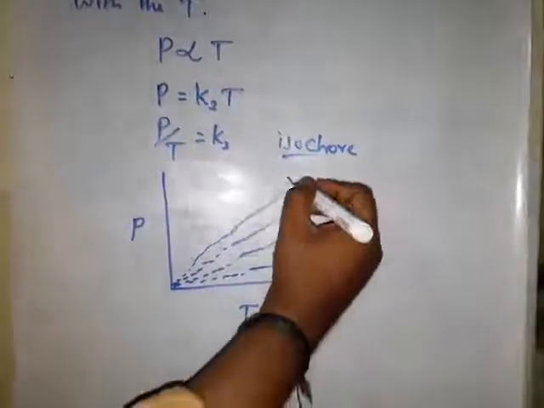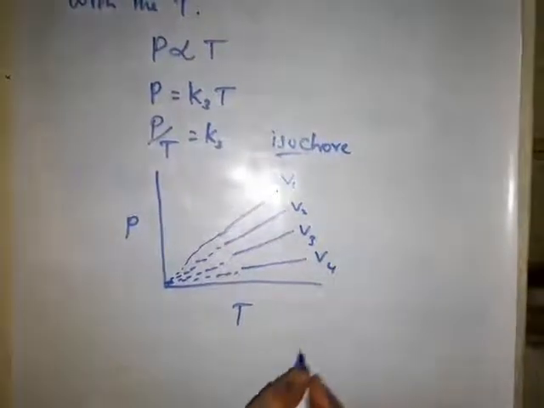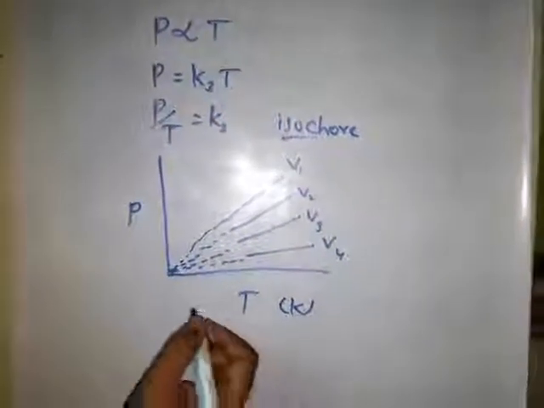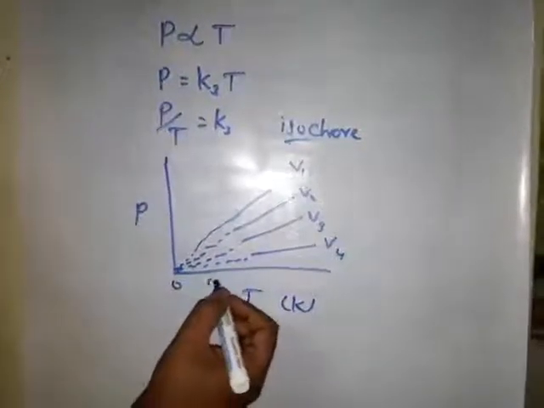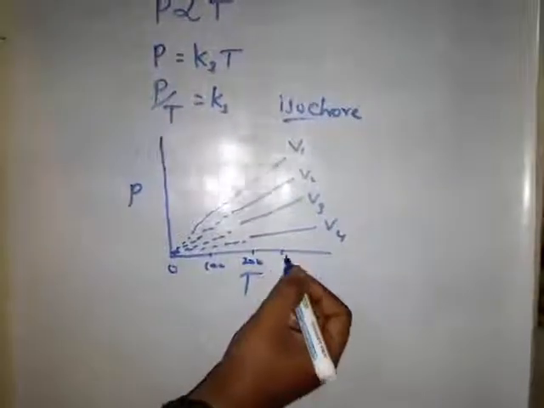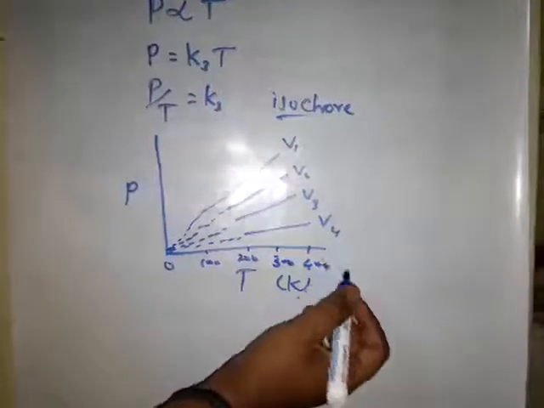This is volume 1, volume 2, volume 3 and volume 4, for different volumes. This axis is the temperature in Kelvin scale: 0, 100, 200, 300, 400 like this.